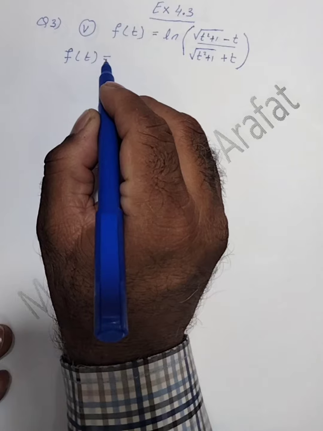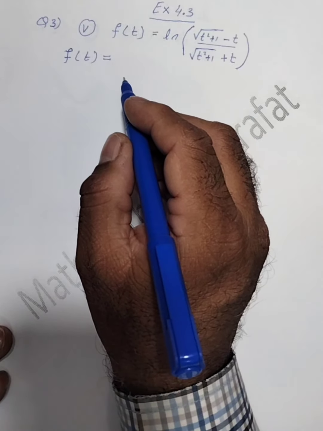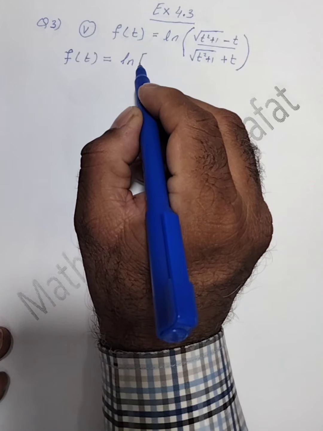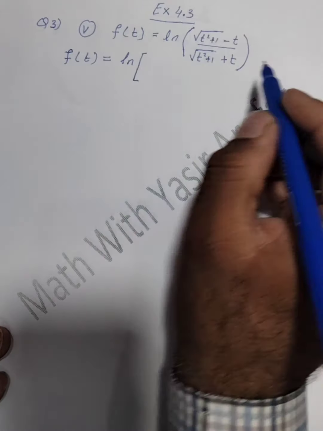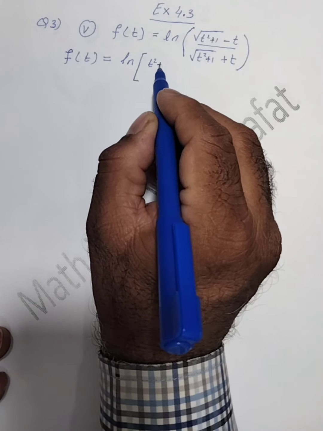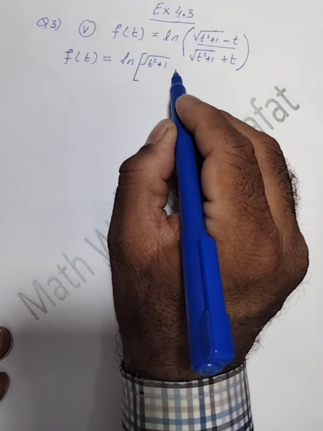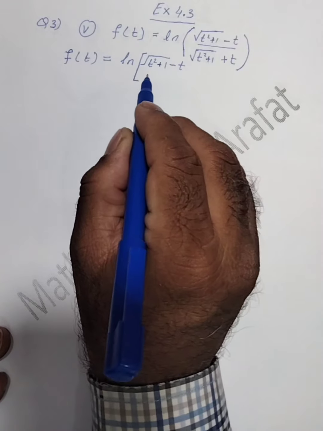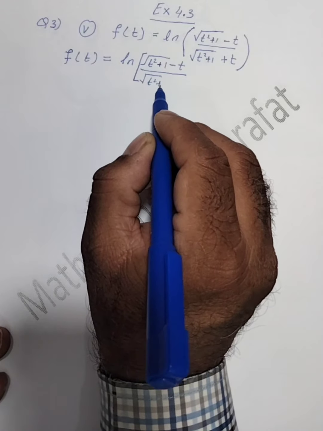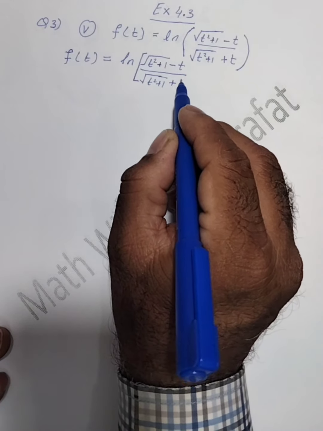So this is f of t equals, in the denominator we are going to simplify radical t square plus 1 plus t.